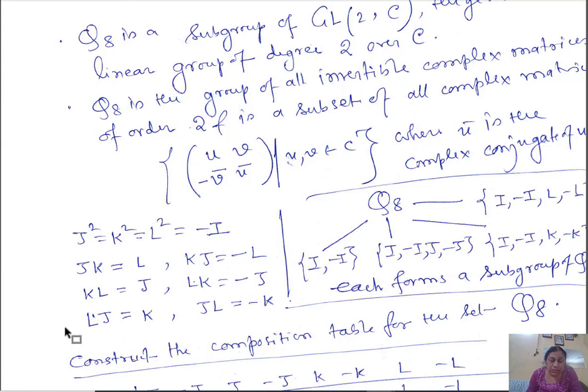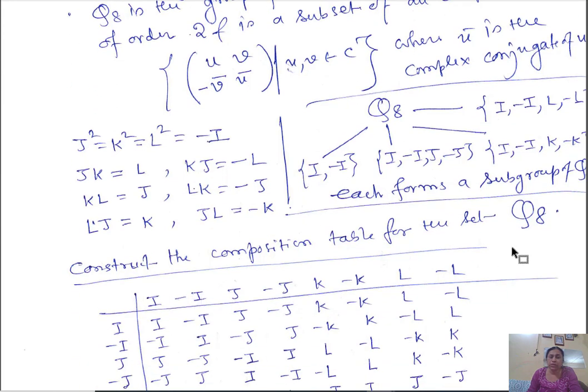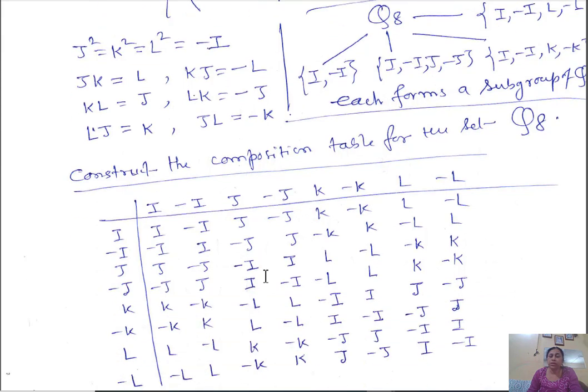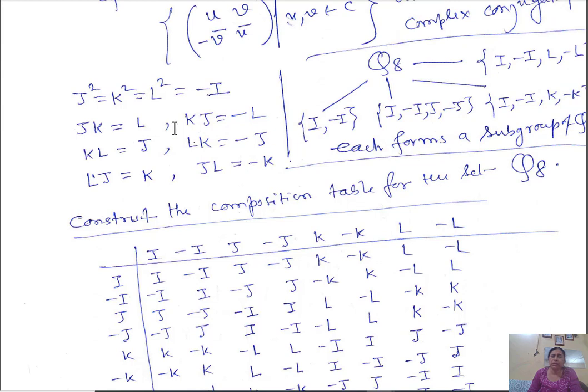If you construct the composition table of Q8, with elements I, minus I, J, minus J, K, minus K, L, minus L, it is not symmetric along the principal diagonal, so it is not commutative.